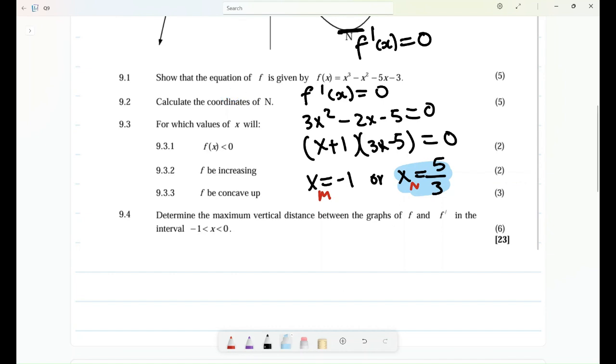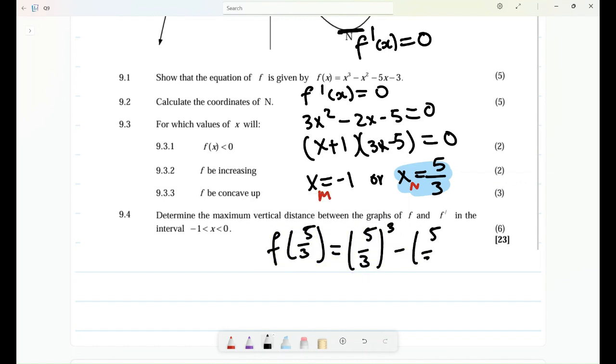So I'm going to substitute this x coordinate into the original equation. So f of x when x is equal to 5 divided by 3 is going to be how much? I'm going to substitute 5 divided by 3 cubed minus 5 divided by 3 squared minus 5 into 5 divided by 3 minus 3. Please do a neat substitution there.